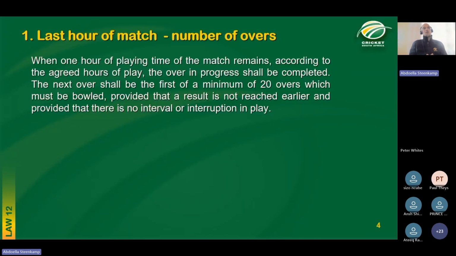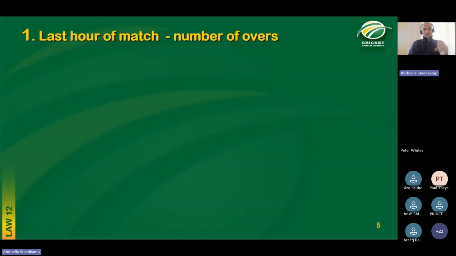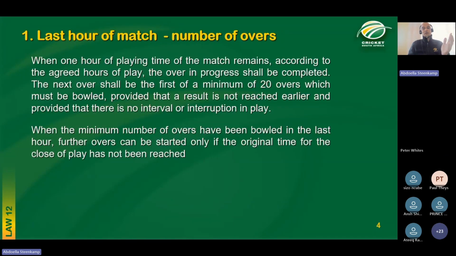So yes, there's an hour left. We now want the fielding side to bowl 20 overs in that last hour. A minimum of 20. So what happens if we start our last hour at 4 o'clock, and we now know we need to bowl a minimum of 20 overs, and we get to 5 o'clock and we've only bowled 15 overs?